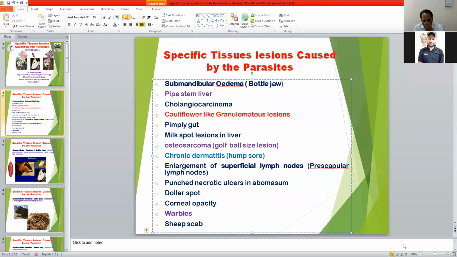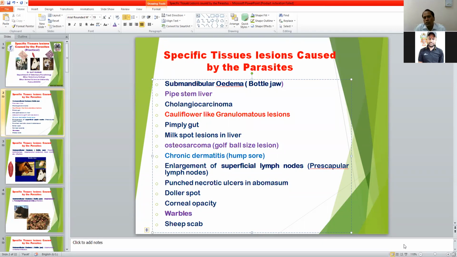Then another lesion is enlargement of the superficial lymph node, that is the prescapular lymph node, the cardinal sign of Theileria species infection. Theileria is a hemoprotozoan parasite. Then punch necrotic ulcer is an important postmortem lesion found in Theileria annulata infection.